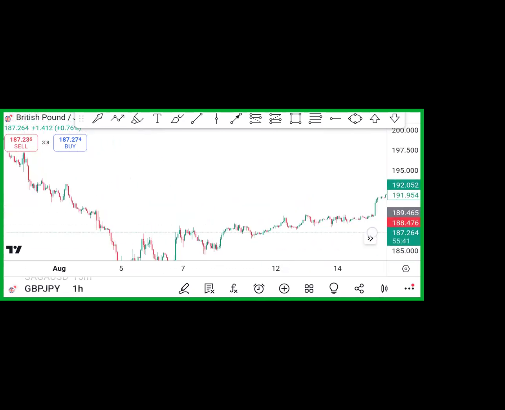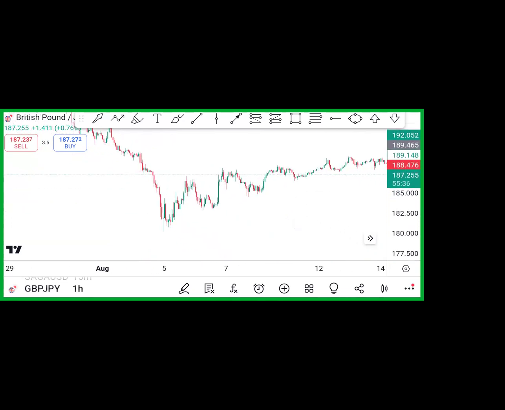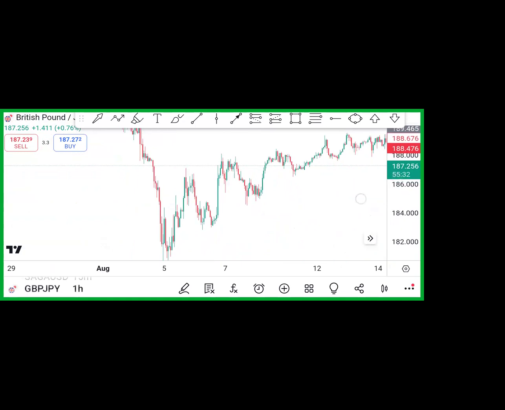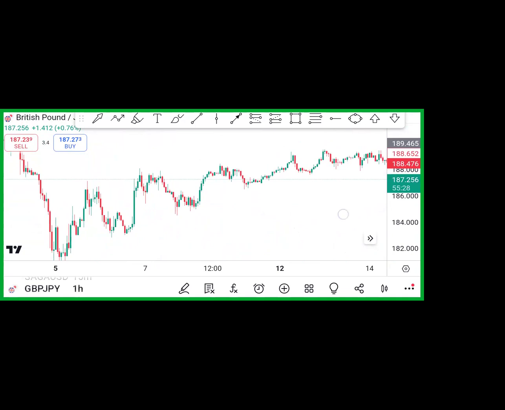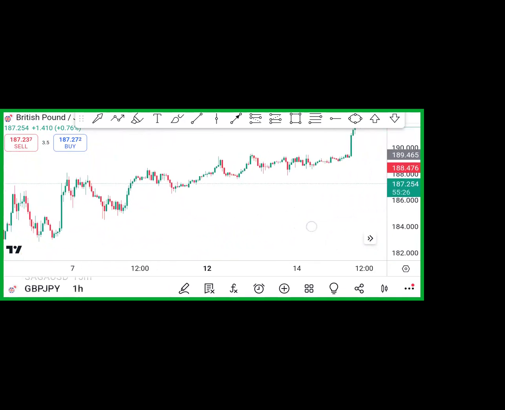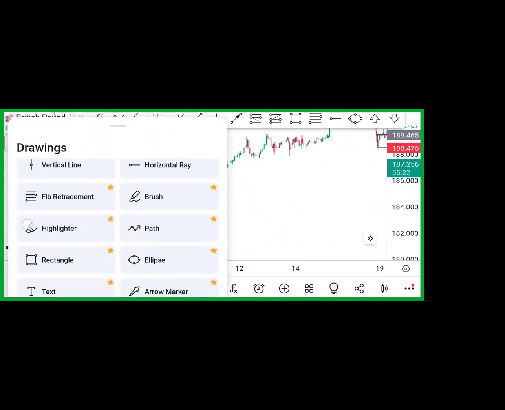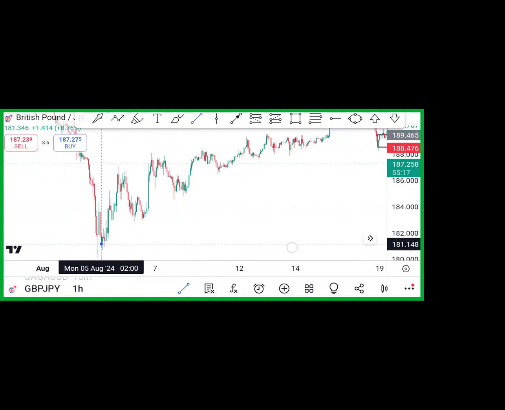Now, there's also another way to do it. If you have been in my class, let me teach you this way. I taught this way straight to my students in my class, right? Now, take a look at this very chart. You're going to see that this very market has been bullish. If I say bullish, I mean the market has been going up.